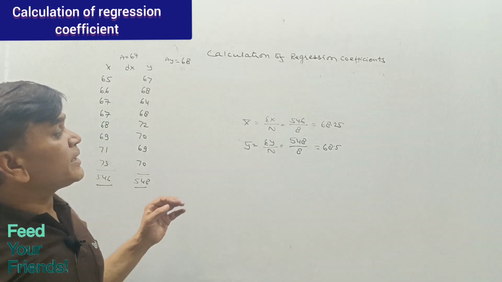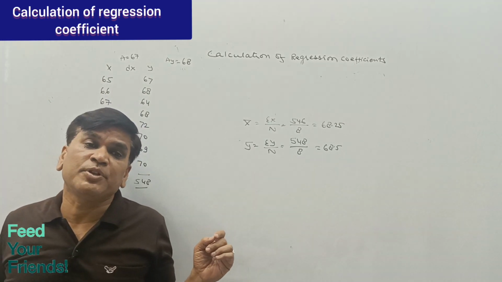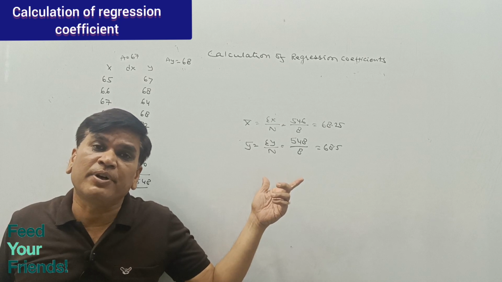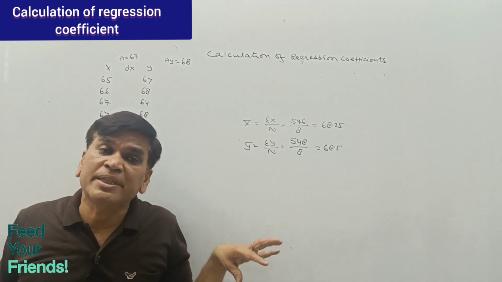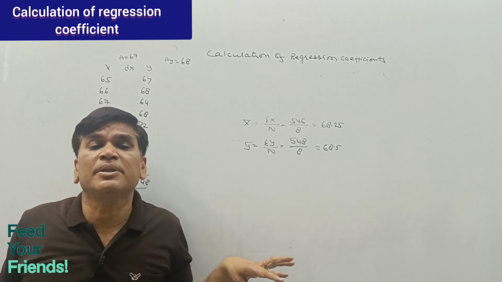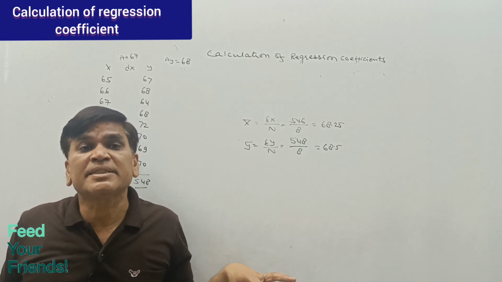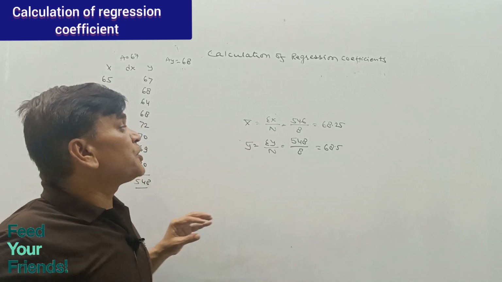Firstly, we have calculated the value of x bar as 68.25 and the value of y bar as 68.5. Since they are in decimals, if we use the direct method, we have to do a lot of calculations. So to avoid this situation, we use the assumed mean method.